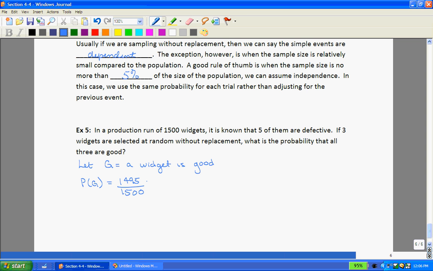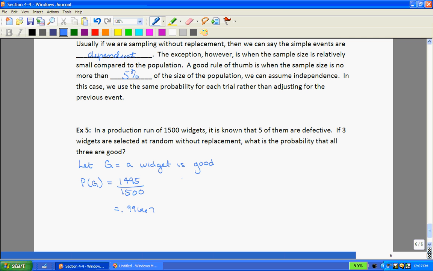Very, very true. But let's actually look at it. So the 1,495 divided by 1,500, and this is just for example's sake, is 0.99667.